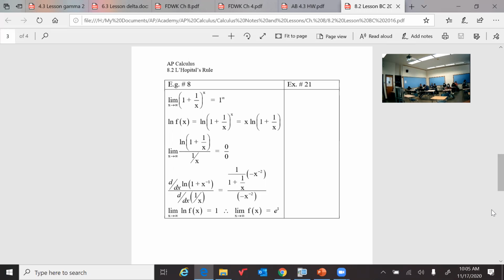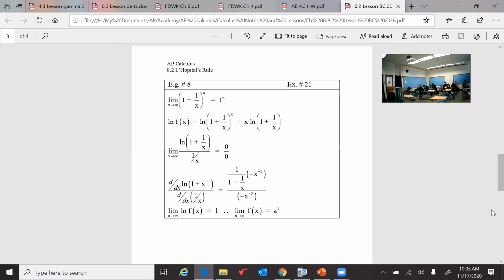Look what you have. The top becomes the natural log of 1 plus small over large. What exponent do you raise e to give you 1? 0. The denominator, small over large, 0. This is now in the form of 0 over 0. You can apply L'Hopital's rule.